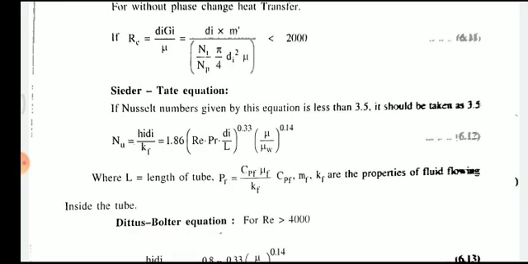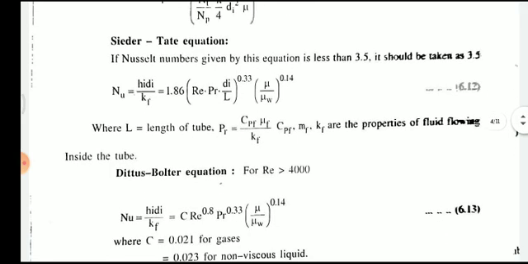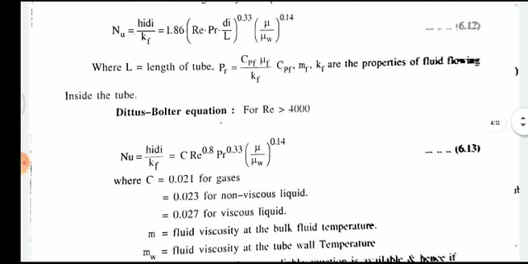The Sieder-Tate equation for the Nusselt number hi di divided by kf is 1.86 times Reynolds number, Prandtl number, to the power di by L, to the 1/3. This one is only informative, but you have to remember this.